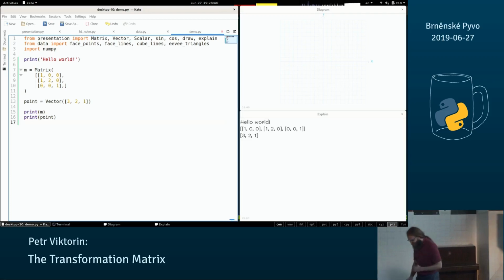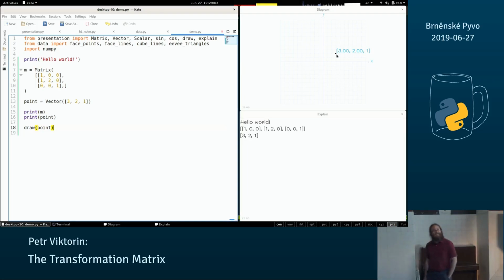In this case, my 3 numbers will be a point in 2D space. This is 2D. So yeah, the screen is 2D. You can see the point.